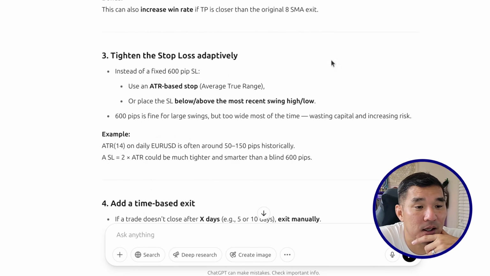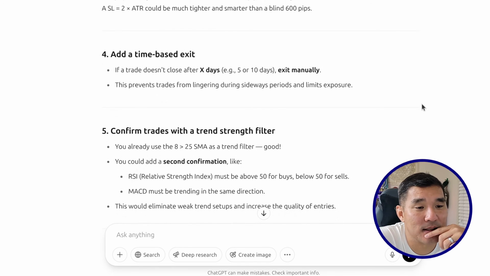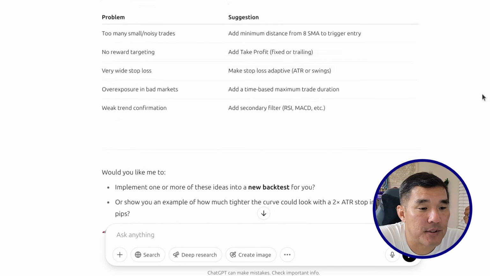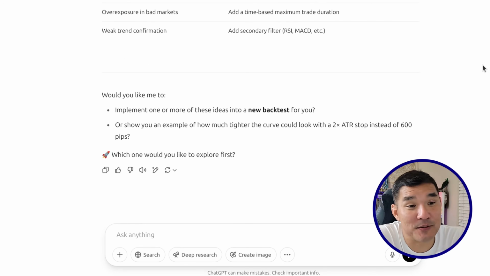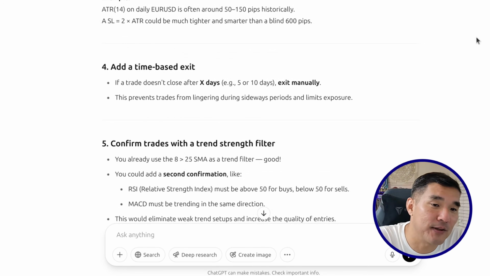Okay, tighten the stop loss adaptively. You can use an ATR-based stop loss. Add a time-based exit. Okay, and confirm trades with a trend filter. Okay, that generally doesn't work too well, so I'm not going to do that one. So there are some different ideas here, some good ideas that can be used to possibly improve this.